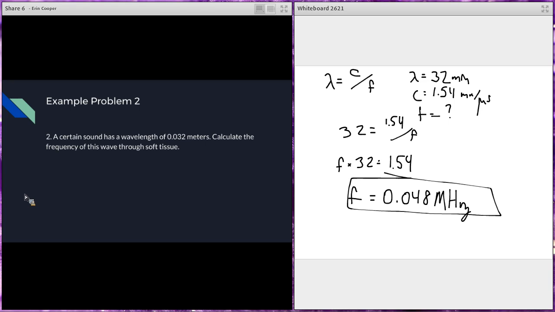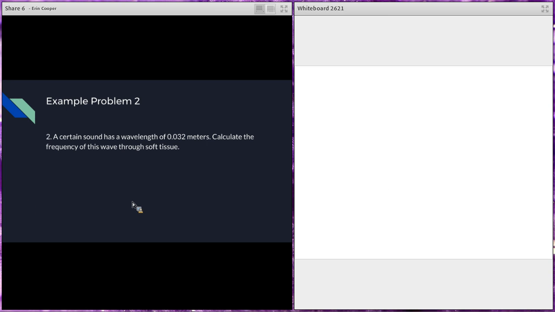Awesome. If you guys are keeping up with me, then I'll show you two more problems that I'd like you to solve on your own. I'll help you figure out some of the trickier parts, but I want you to solve them on your own. And remember our equation: wavelength equals prop speed over frequency. So example problem 3. A transducer produces waves at a frequency of 590 kilohertz.